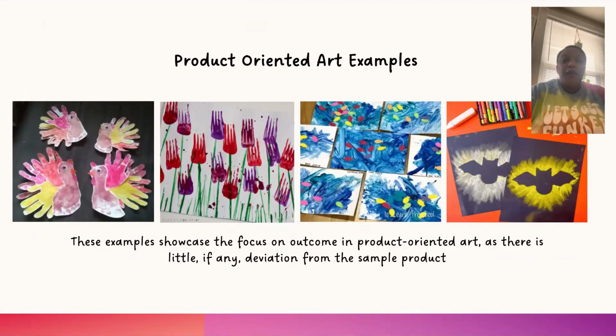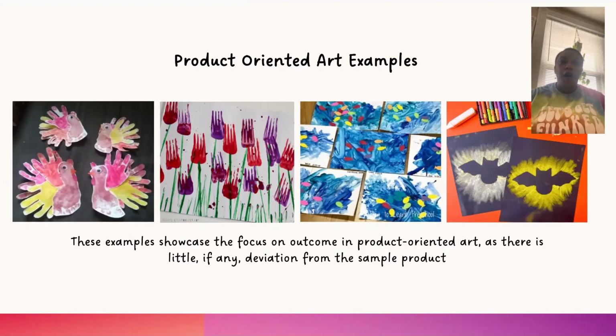The third one is in the center of that picture, you can see that there's a picture displayed for the children to follow of an ocean, with a fish swimming around it. And in the last picture, obviously you can see that it's very similar to this sample that was given to them by the teacher. And this is really limiting the children's creativity in all kinds of ways.